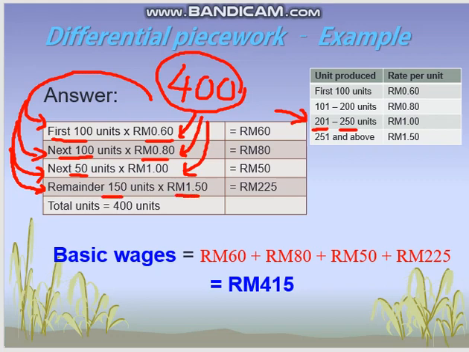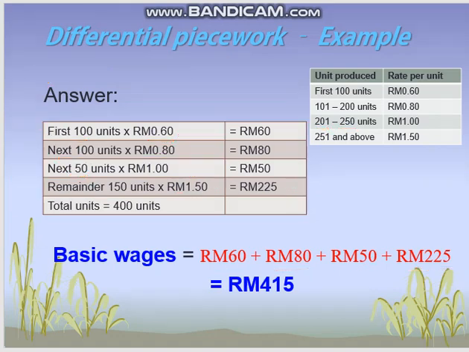The highest rate, which is 1.50. So the wages that we have to pay to our employee, we add these together: 60 ringgit plus 80 ringgit plus 50 ringgit plus 225 ringgit. So the salary or wages is 415.